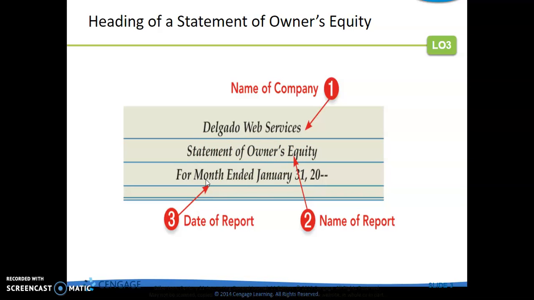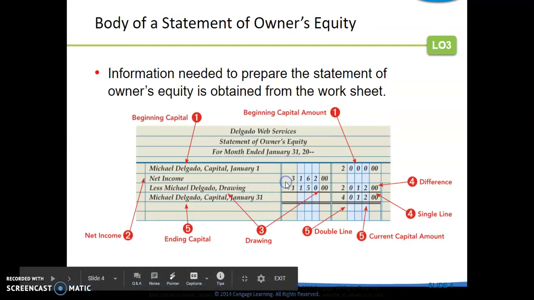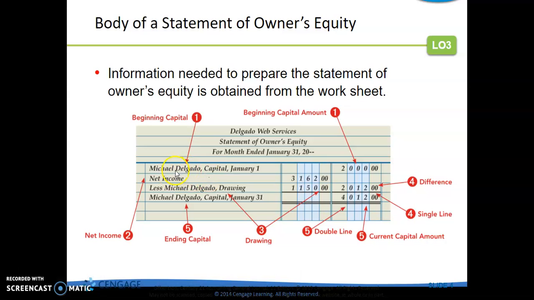And because this is a range, we're going to do for the month ended and then the last day of the month. Our next step then is to enter in the capital. And again, that's coming right from the balance sheet columns on the worksheet. After that, we're going to take our net income, again from the worksheet.